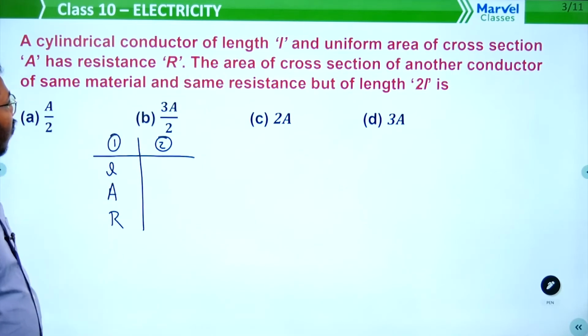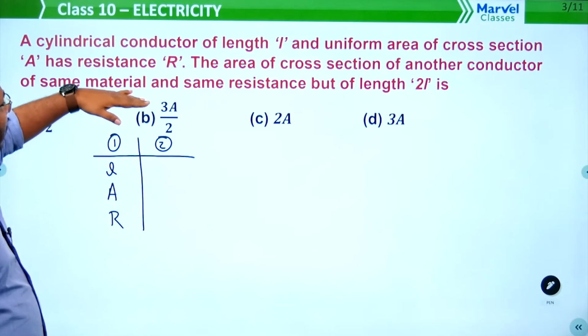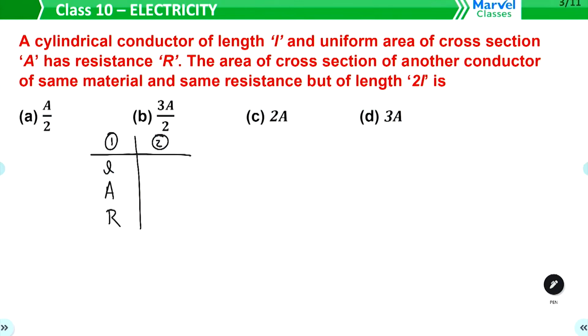Then the another conductor has the same material and same area of cross section, but the length is doubled. So 2L, A, R.